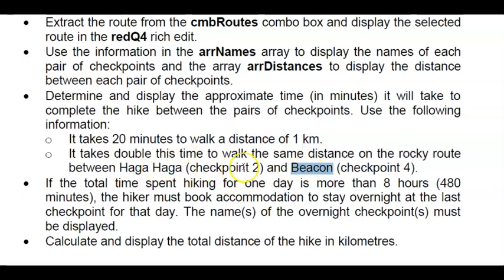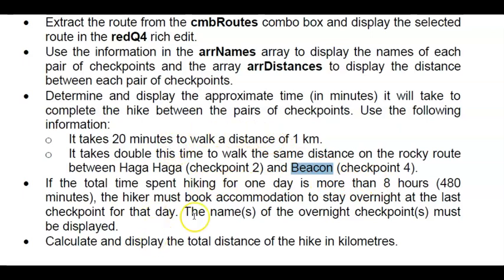So that would be checkpoint 2 and 4, either row or column. Remember, the rows and columns correspond. So 2 and 4 as rows and columns, or 4 and 2 as rows and columns. If the total time, the time you calculated up there, spent was more than 8 hours. Now remember, you're determining this in minutes.